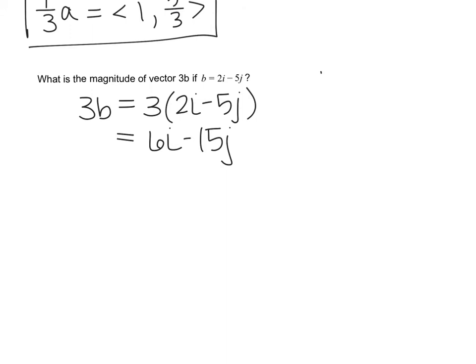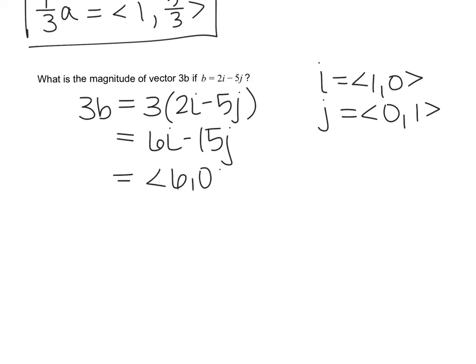So remember from the front, i is the vector 1, 0, and j is the vector 0, 1. So if I'm going to write this as a vector, 6i would just be 6, 0, and then minus 15j, which would be 0, 15.